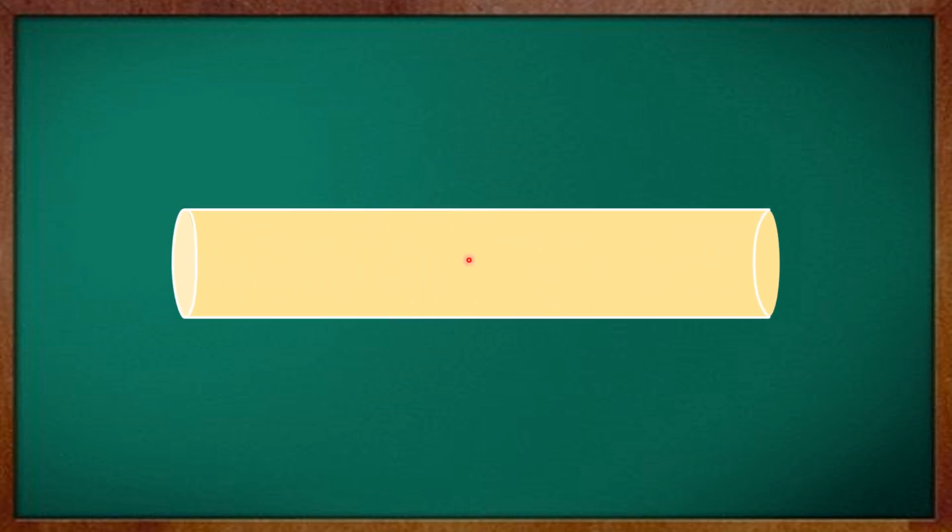Now I am going to connect a battery between the two ends of a conductor, and you can see how the electric field will be set up throughout the conductor simultaneously. This is a conductor, and A and B are the two ends of the conductor.